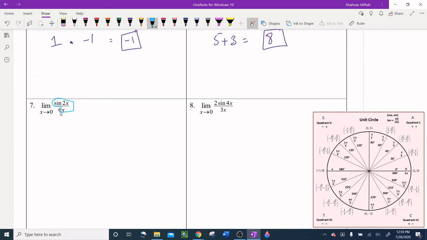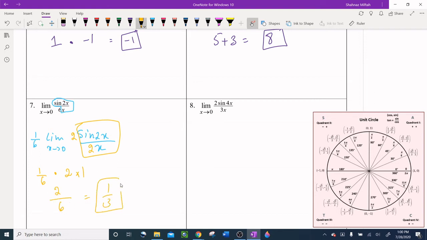You can tell this is in the denominator. So 1/6, limit as x approaches 0, I got sine 2x over x. Now I have to multiply 2 top and bottom. So this whole thing is equal to 1. We know that. I'm going to keep my 1/6, and this whole thing is 1, and times 2. That 2 stays, and this is 1, times 1. So that will be 2 over 6, which will give me 1/3.